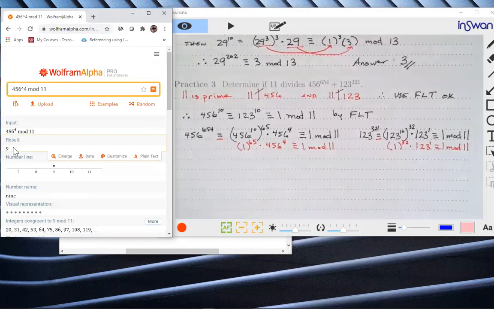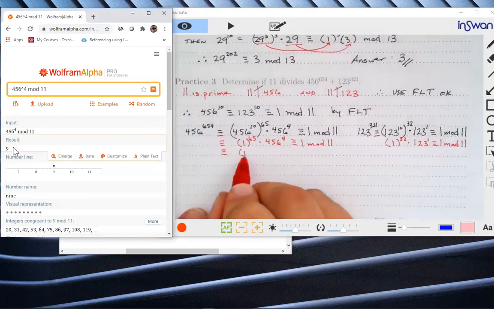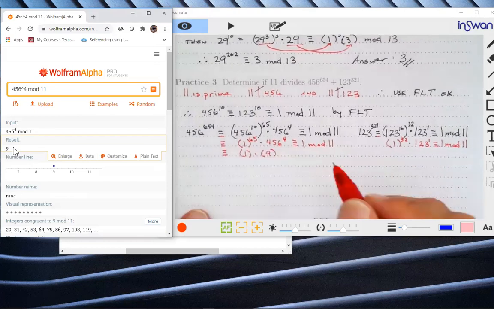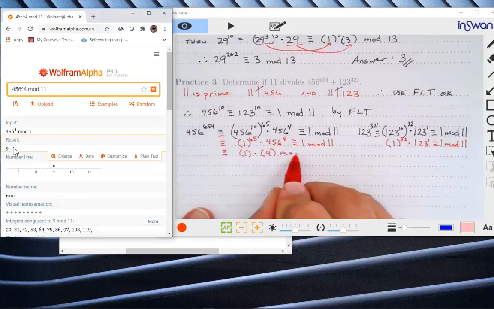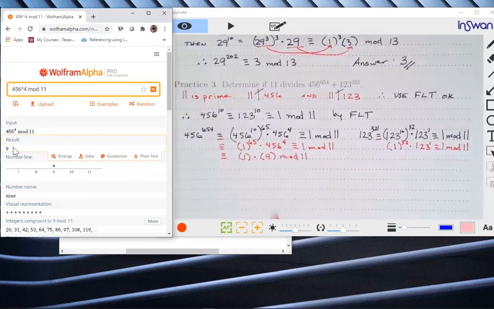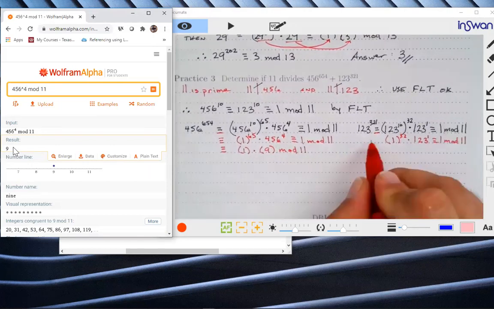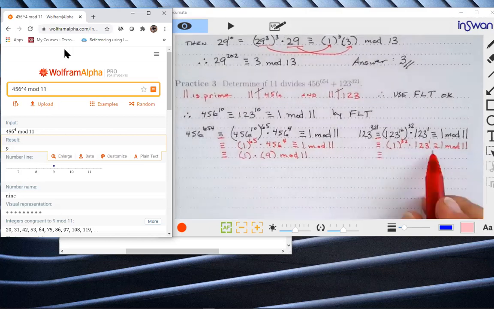So then we would be equivalent to 1 times 9 mod 11, because 456 to the 4th power is 9 mod 11. And over here, we would be equivalent to, well, what is 123 mod 11?